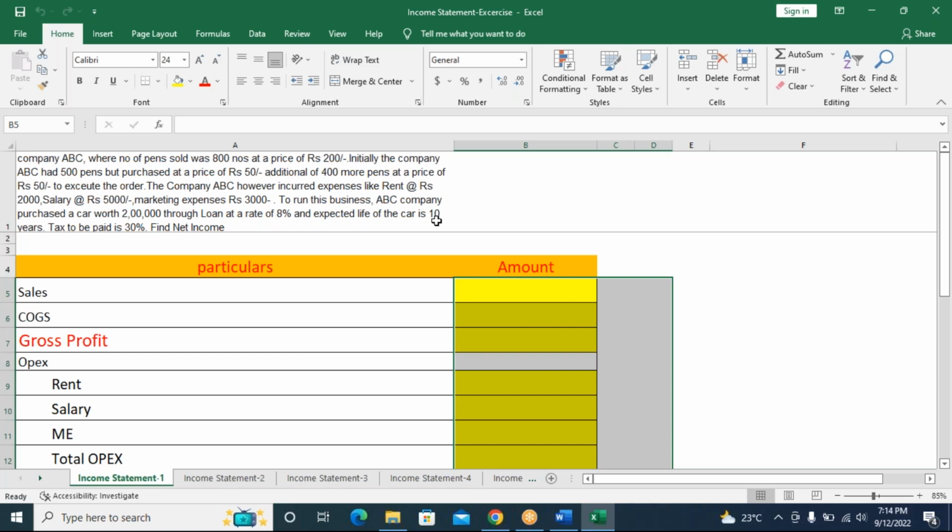Is everyone able to download the file? Yes, ma'am. Okay. So open the first income statement.